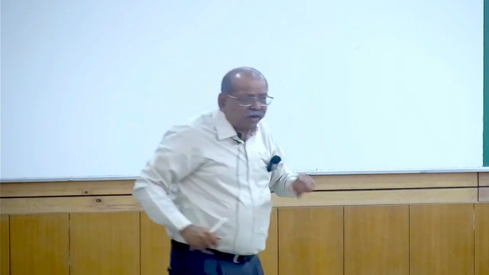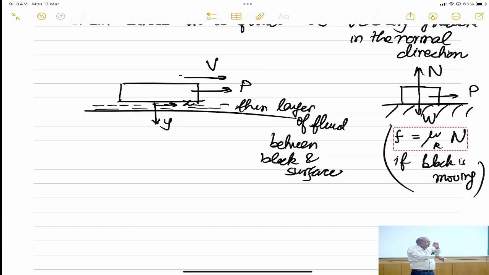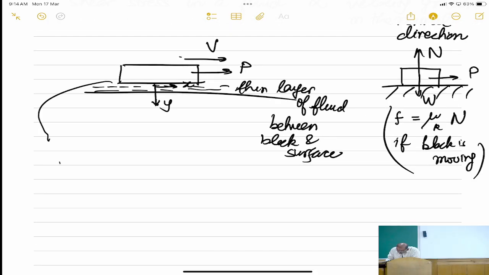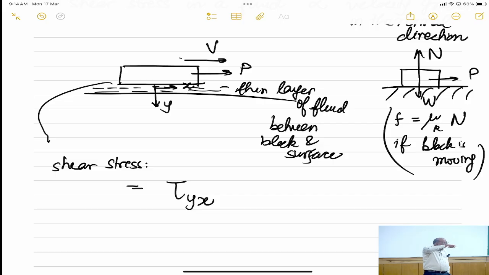Now, here the velocity is in the x direction and the face is the y face. So the shear stress is tau yx. Y is the direction normal to the face, x is the direction of the force.